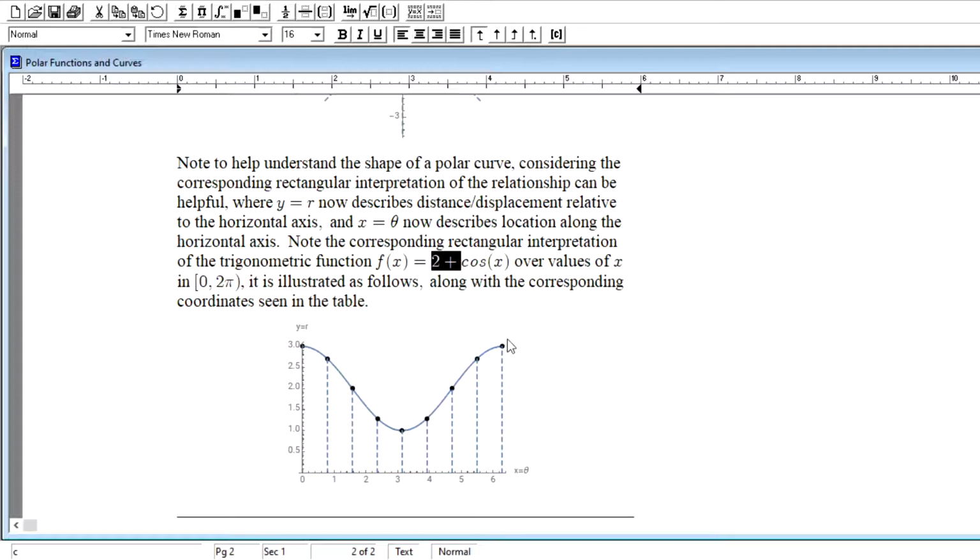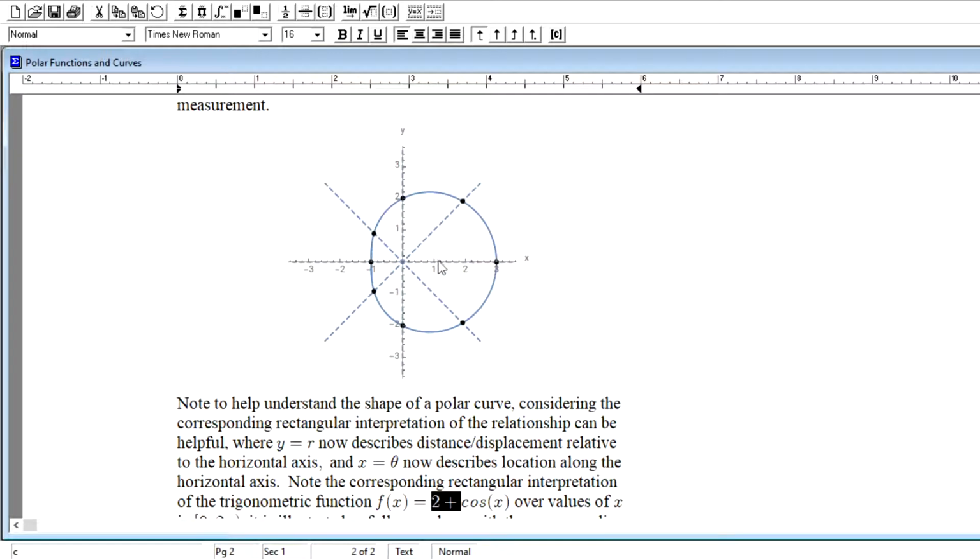And then that cycle repeats again at 2 pi. At the value of pi over 2, we are 2 units away, and the same goes with 3 pi over 2. And at those values of pi over 4, 3 pi over 4, 5 pi over 4, and 7 pi over 4, we're either 2 plus root 2 over 2 units away or 2 minus root 2 over 2 units away, these locations down here. Where these vertical distances we see in this graph correspond to these radial distances from the origin, right?